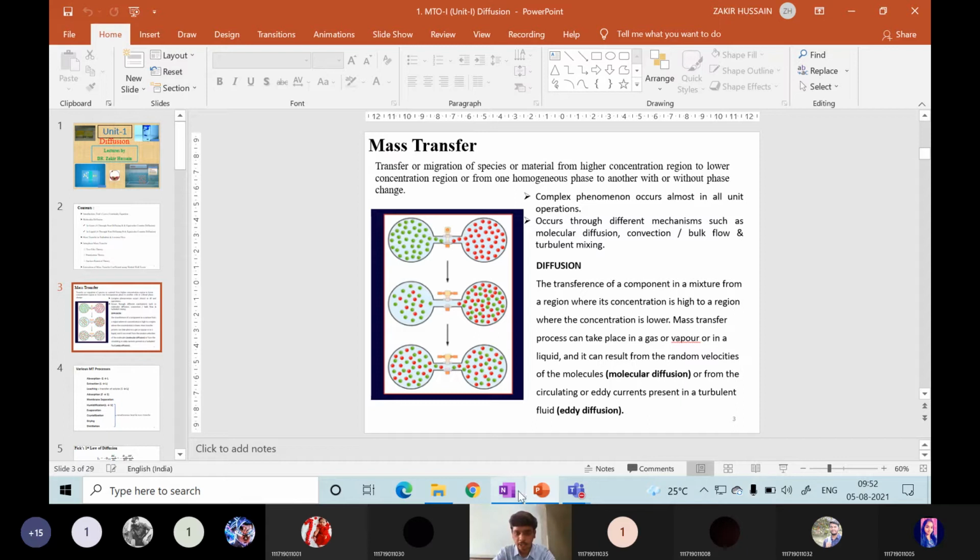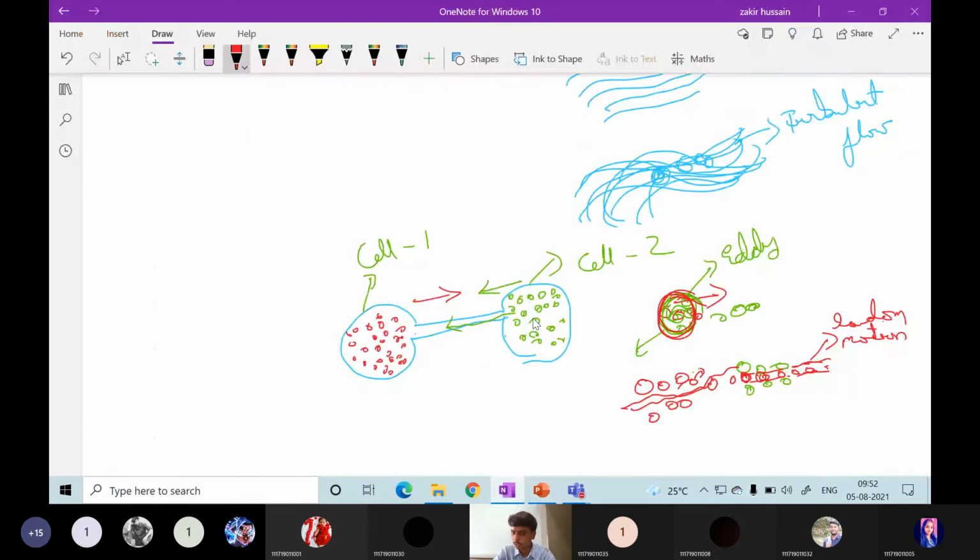So it will be dependent on the size of the molecule and temperature.